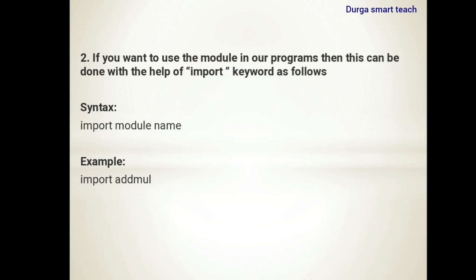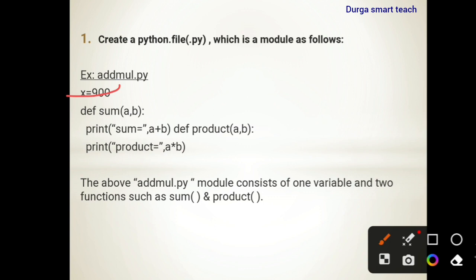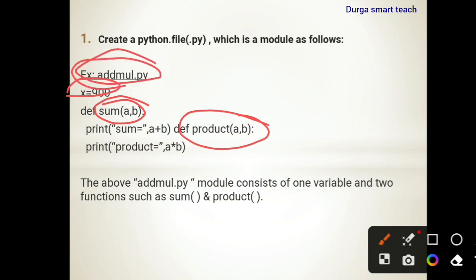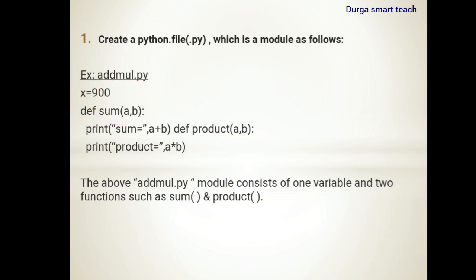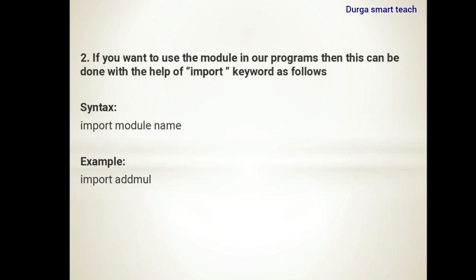If you want to use the variable x, the sum function and the product function in some other program, then you need to import this module, because this module contains the variables and functions. If you import this module into your Python program, then you can access the variables and functions of the addmul module.